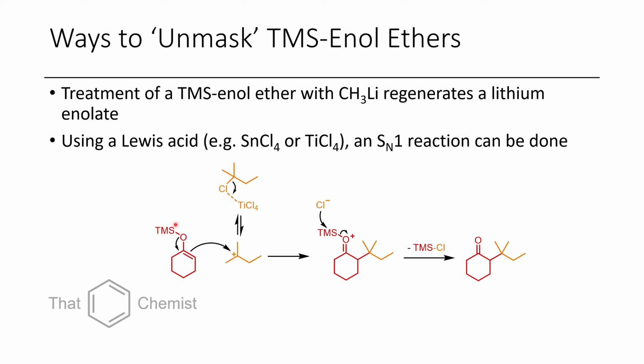However, if you treat a TMS-enol ether in the presence of a Lewis acid, such as titanium tetrachloride, and a good SN1 electrophile like this tertiary chloride, we'll get a carbocation that can be attacked by the electron density of the enol ether, and then the TMS group can be unmasked by attack of the chloride, reaffording the ketone as the final product. These reactions work really well, especially with tertiary chlorides, allylic chlorides, propargylic chlorides, and benzylic chlorides and bromides, etc.